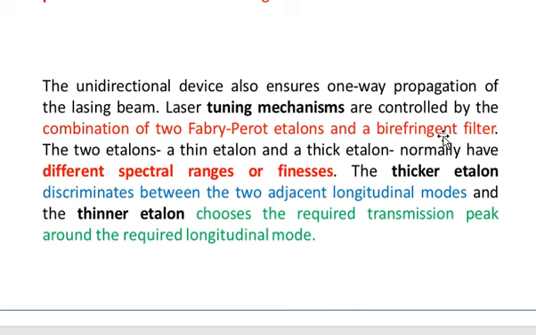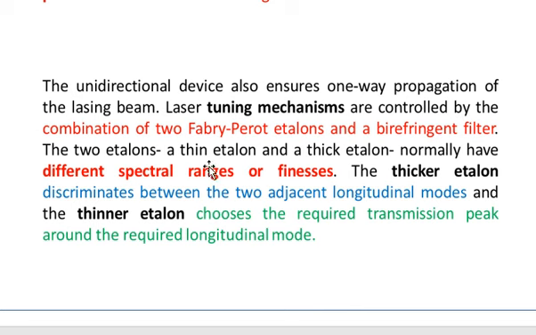When these two beams exit the birefringent filter with some predetermined phase difference, the polarization state of the light generated by the combination of the two beams is determined. So when they exit, the two beams combine with a predetermined phase difference, and so the polarization state of the light is rotated.